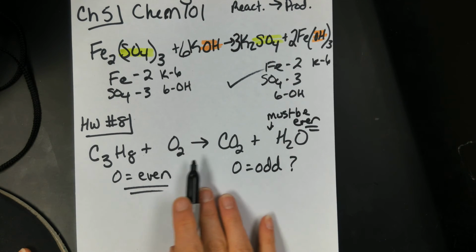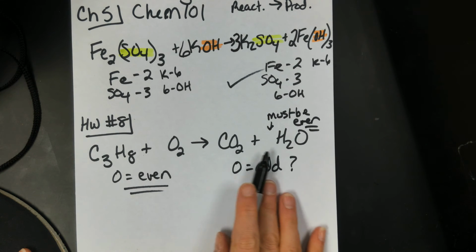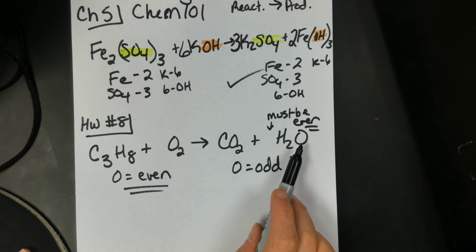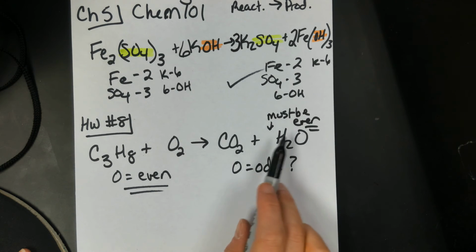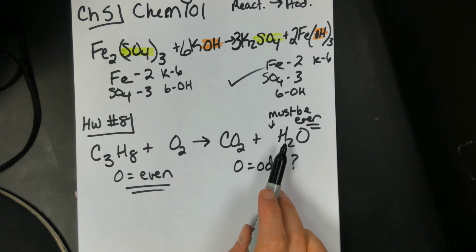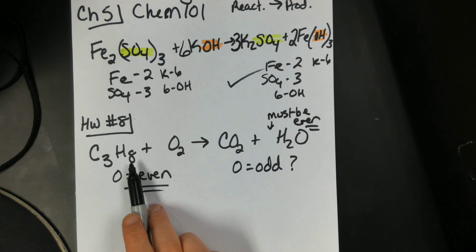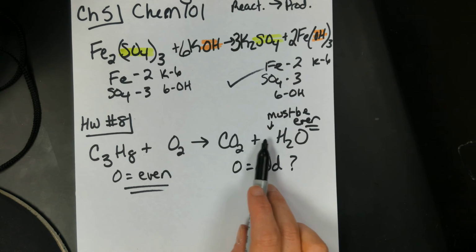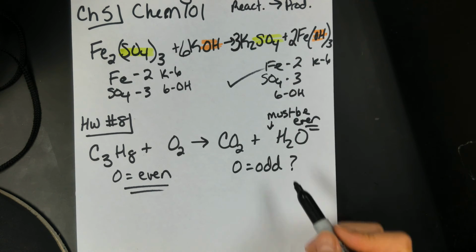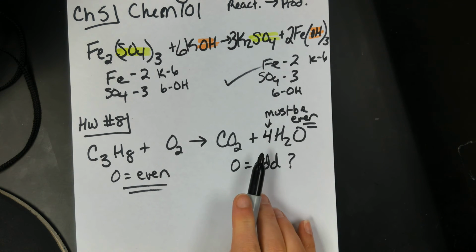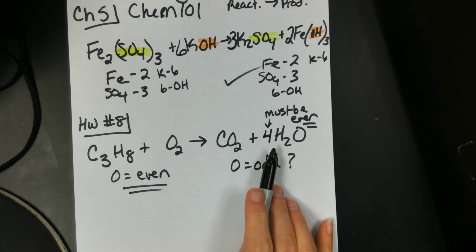So probably the easiest one to do is, I look and I see that in this compound I need to have an even number in front of the oxygen. What else is in the H2O? The H's. There's 2 here, right? On this side there's 8. So what I can do is add a 4 right here. Now the H's are satisfied, and now the oxygens are satisfied.